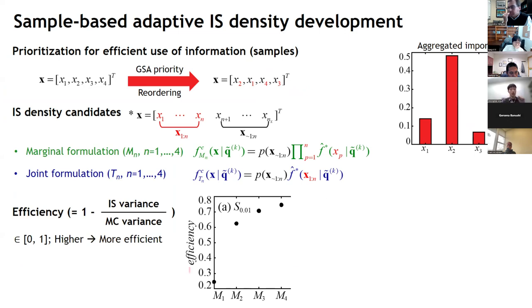Focusing on this part only, including all four storm features achieves the largest variance reduction, but even using a few of the most important features for developing the importance sampling density can lead to a decent amount of variance reduction. So this is all my presentation.